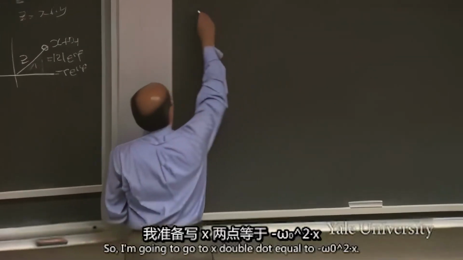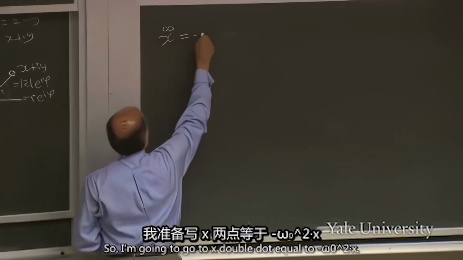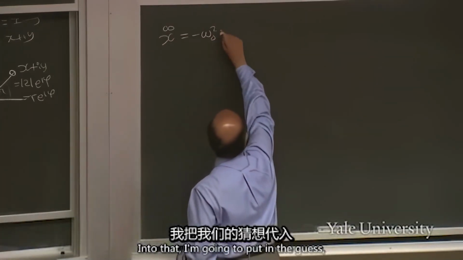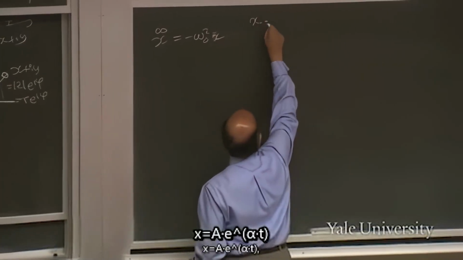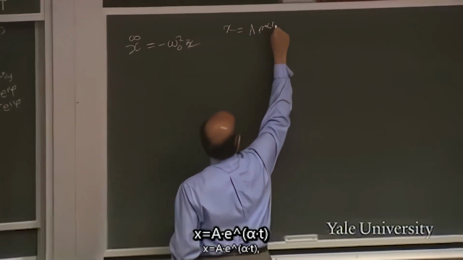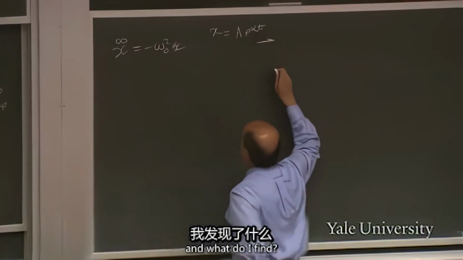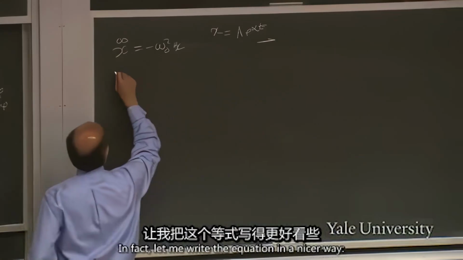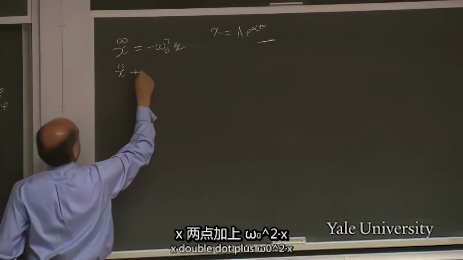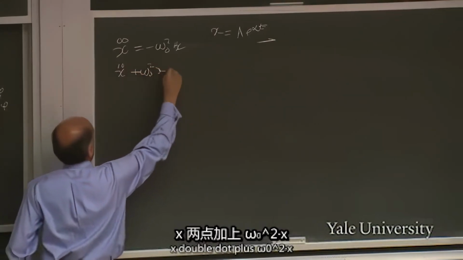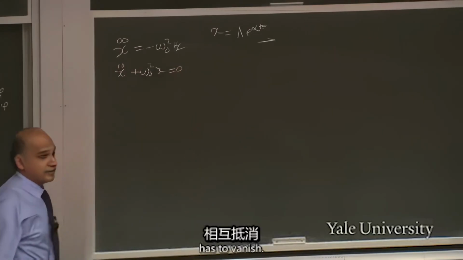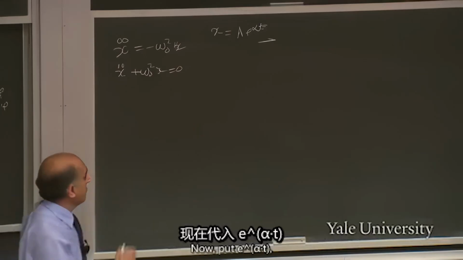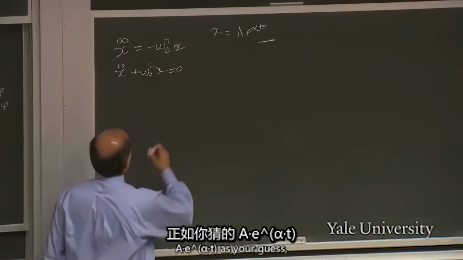So I'm going to go to x double dot equal to minus omega 0 squared x. Into that, I'm going to put in the guess x equals a e to the alpha t. And what do I find? Let me write the equation in a nicer way. x double dot plus omega 0 squared x has to vanish. I just brought everything to one side. Now put a e to the alpha t as your guess.